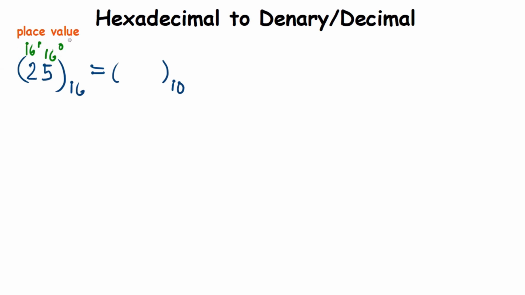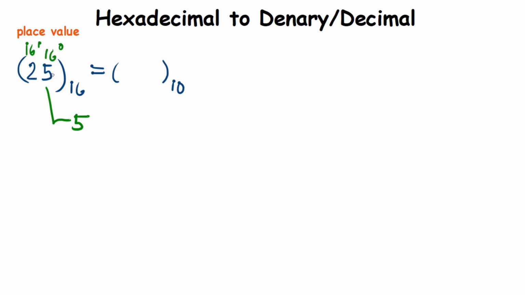The place values are powers of 16. So the place values of a hexadecimal number start with 16 to the 0, followed by 16 to the 1, and so on.